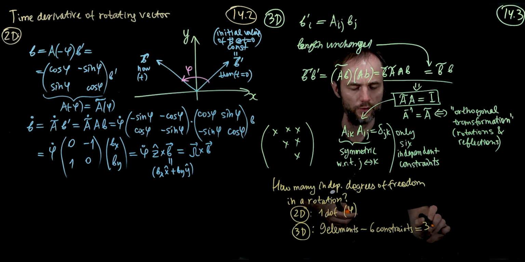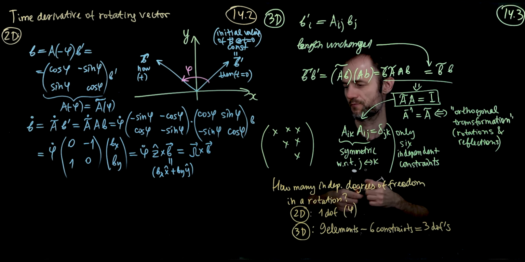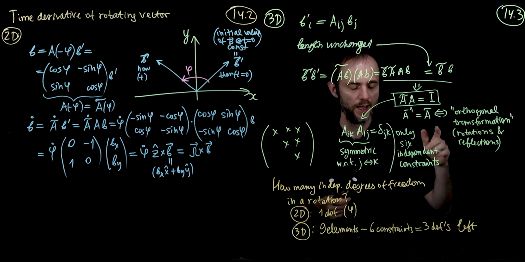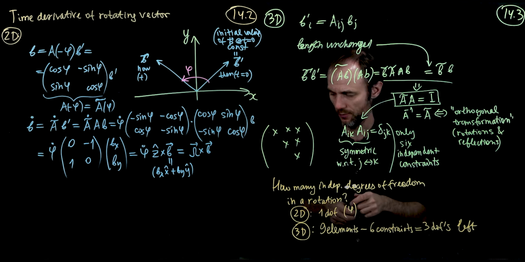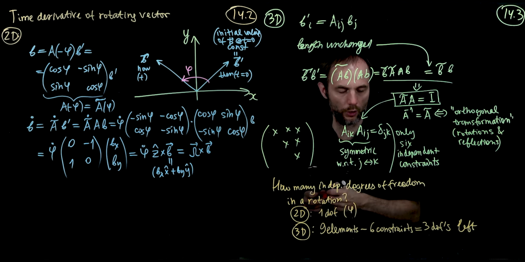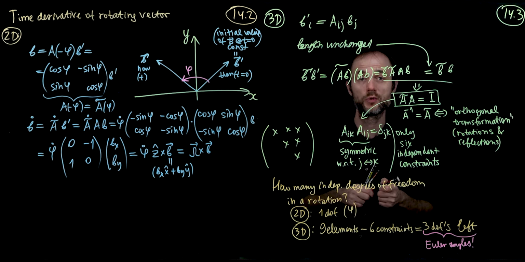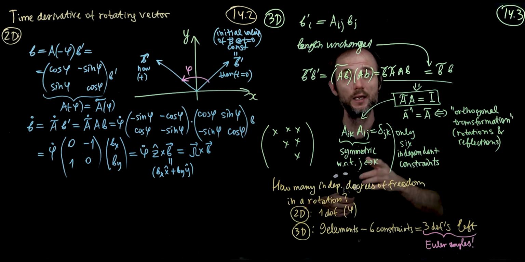So we have 3 degrees of freedom in a 3D rotation. So that's all that's left for us to set. And these degrees of freedom will be our Euler angles. And this is precisely what we're going to introduce in lecture 15.